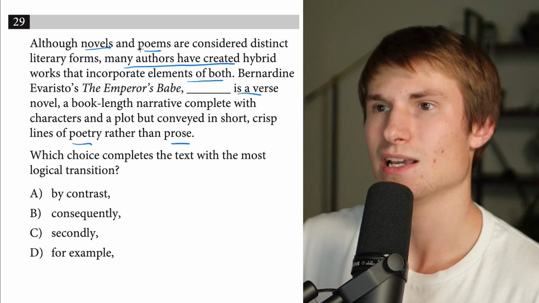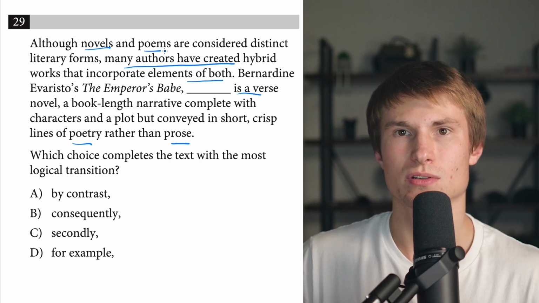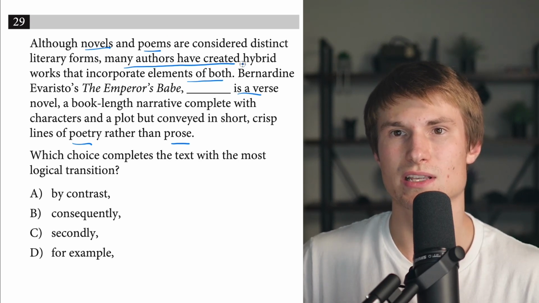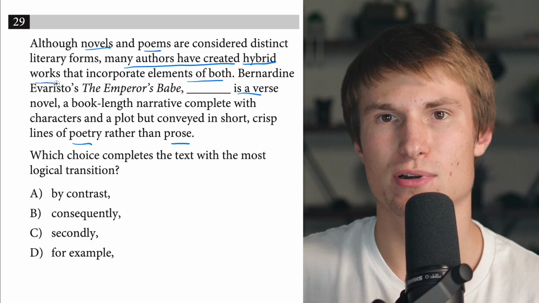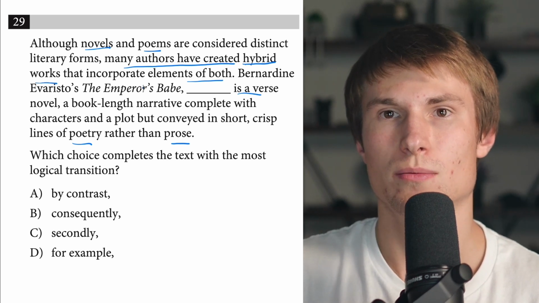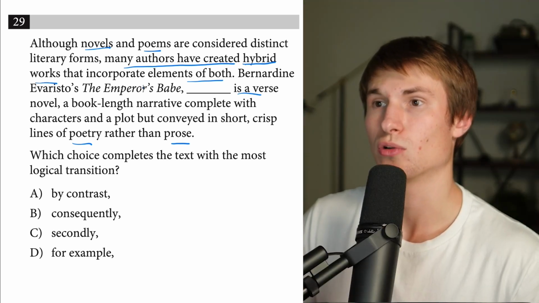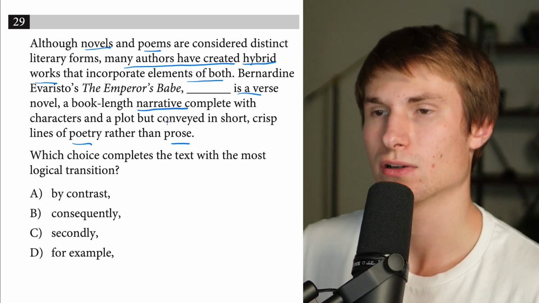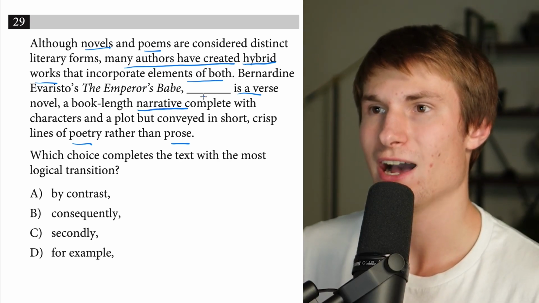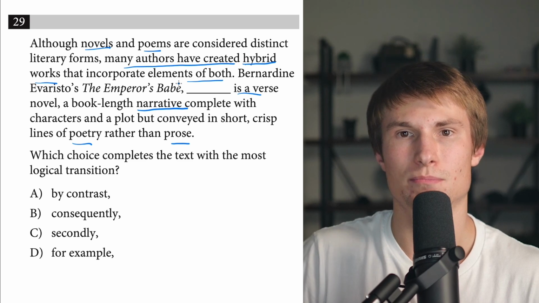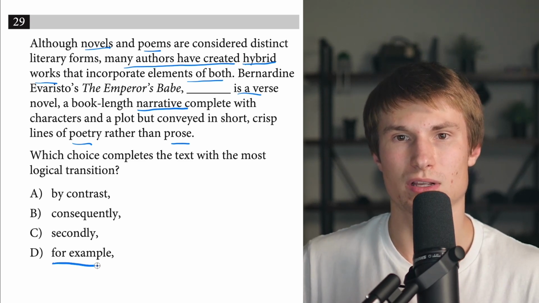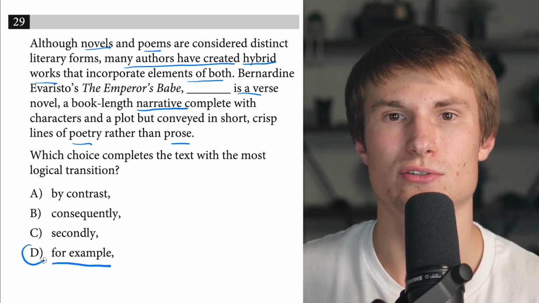Okay, so this is an example of how novels and poems are not necessarily distinct, but instead how many authors have created hybrid works that incorporate elements of poetry and a normal novel, or in other words, a normal narrative. Okay, so as we can see, we are providing an example of the claim that we are given above. So I'd be looking for something like "for example." Okay, so D would be perfect there.